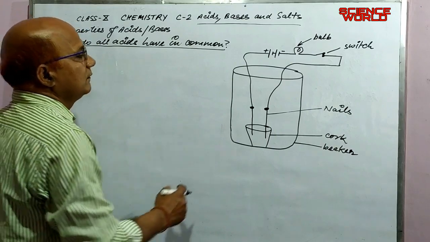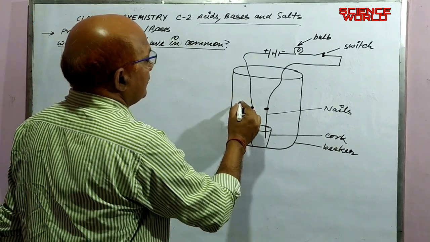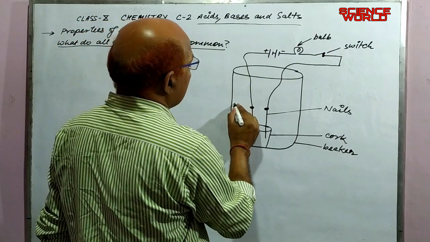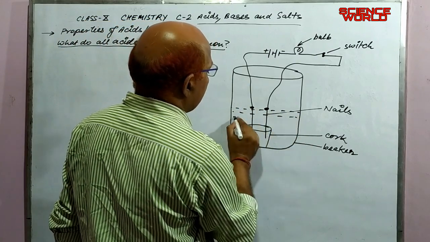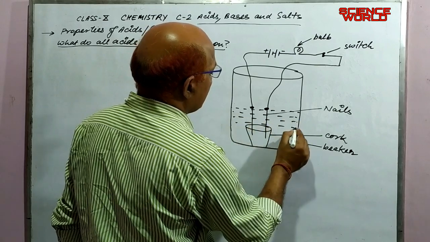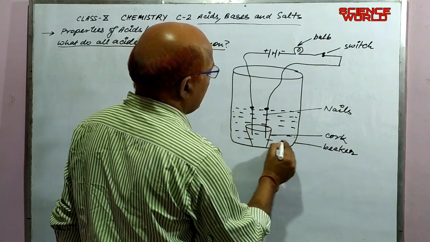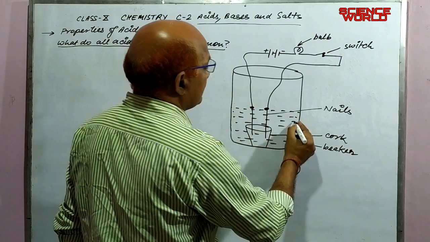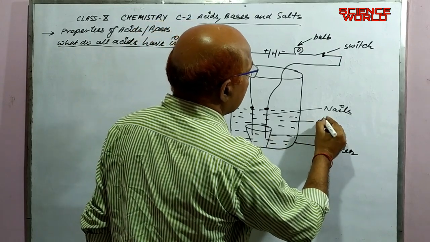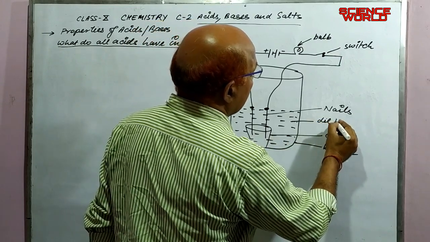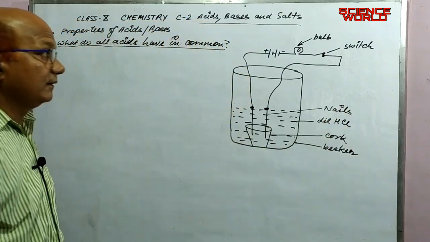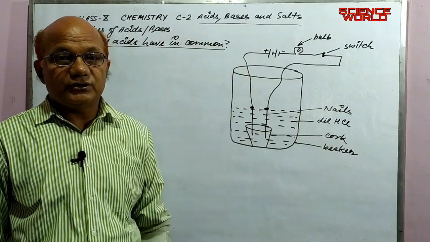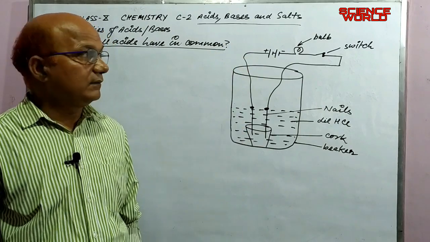Now, we will pour some dilute HCl in the beaker. It is dilute HCl, hydrochloric acid, and then press the switch and observe.